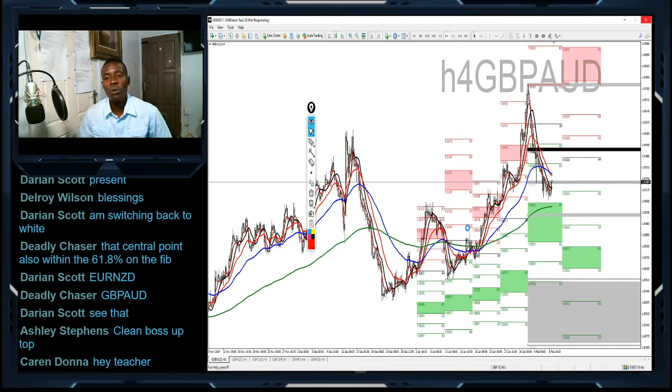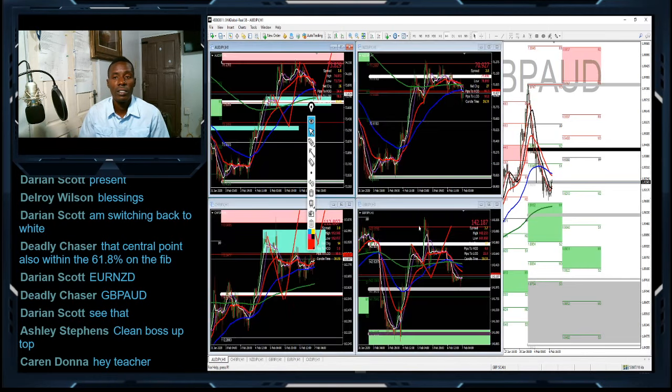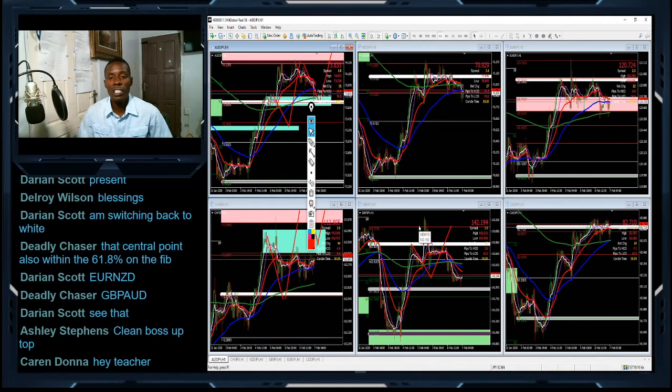So MT4, we know it's loading. It takes a little while to open up. This is the dark theme that I was telling you guys about. Let us just open up one.